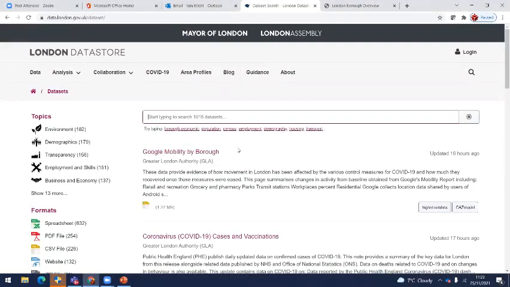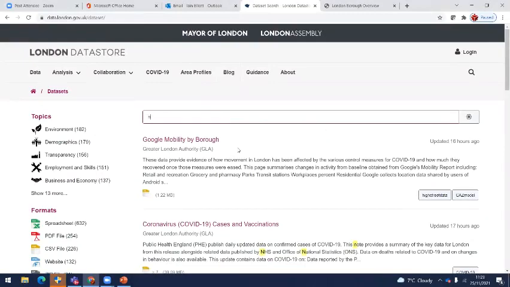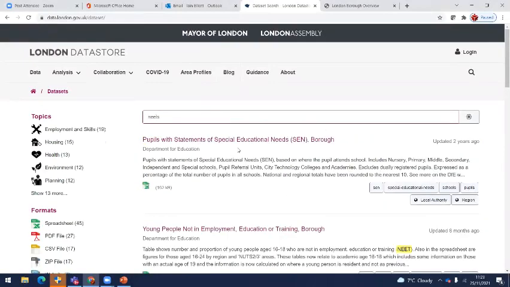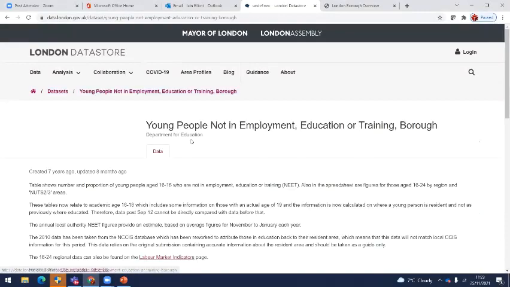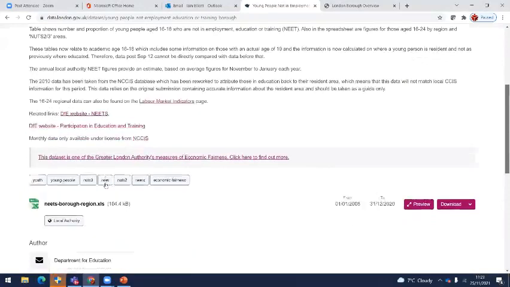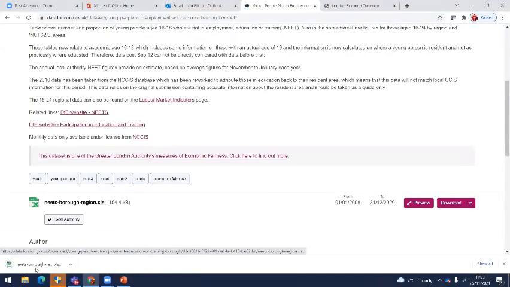So if you were looking at, say, NEETs, you can look up data that will bring up a data set. So this is the Department of Education data, and you can look at the spreadsheet.